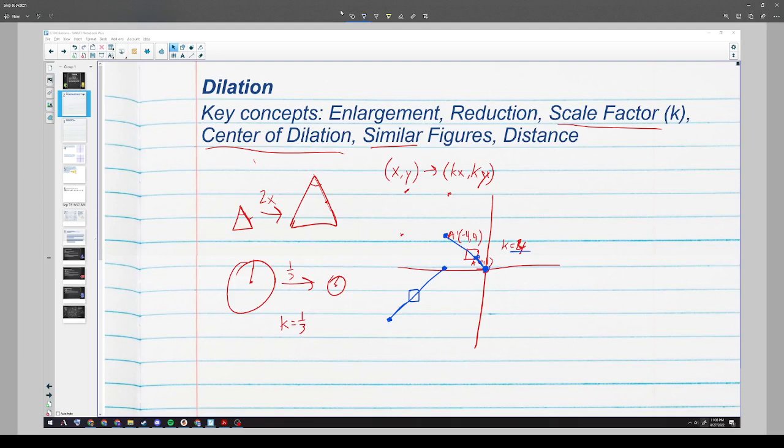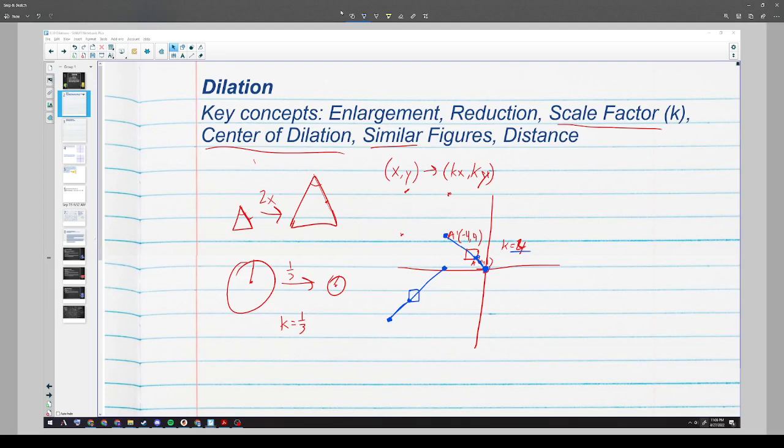So the distance from the center of dilation to the original pre-image point and the image point, that ratio is k. So we'll do some examples of this with the center of dilation at a different spot so that you can see exactly how that works on a coordinate plane.